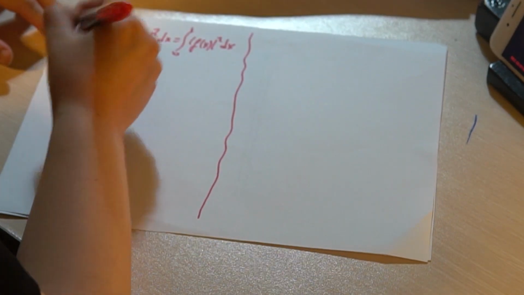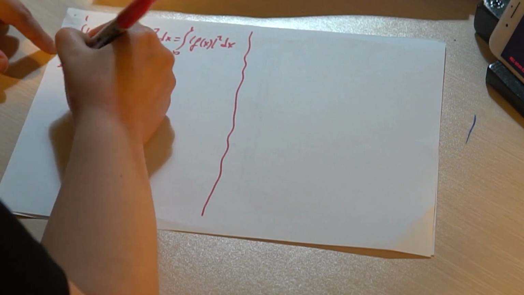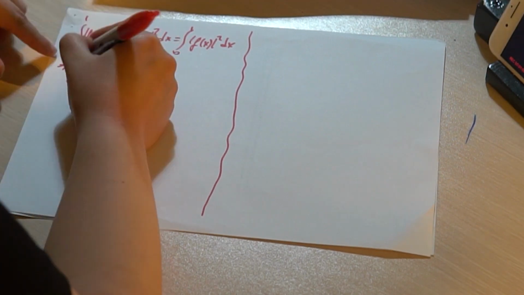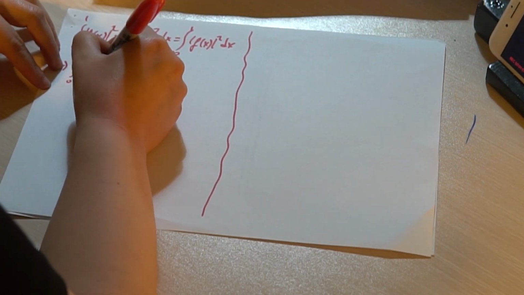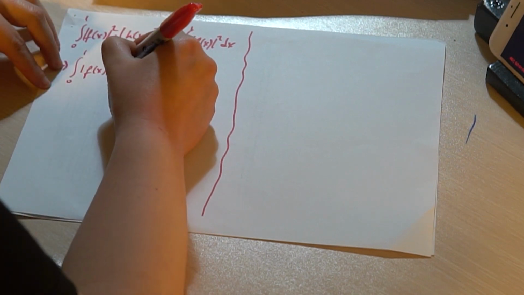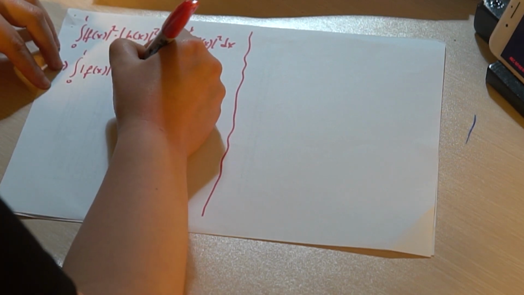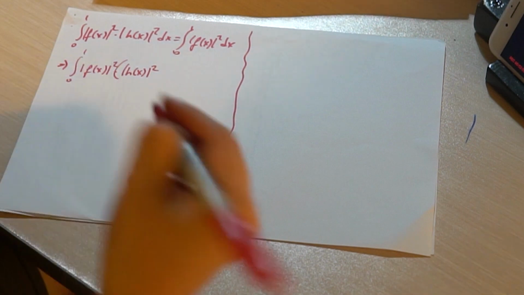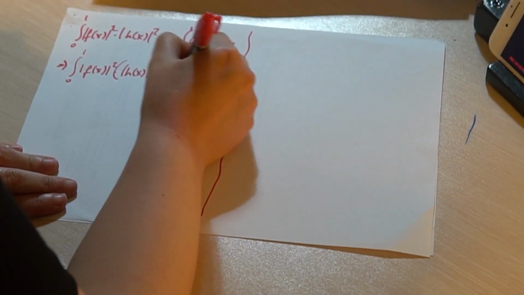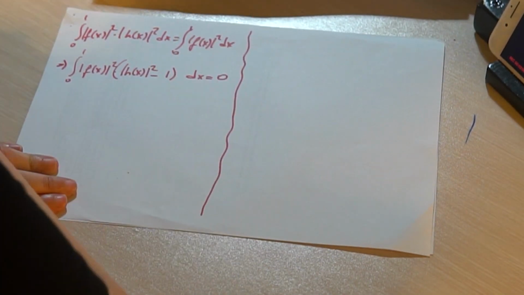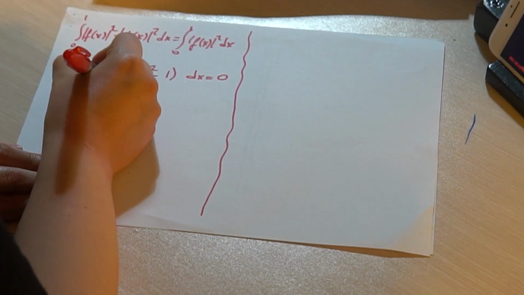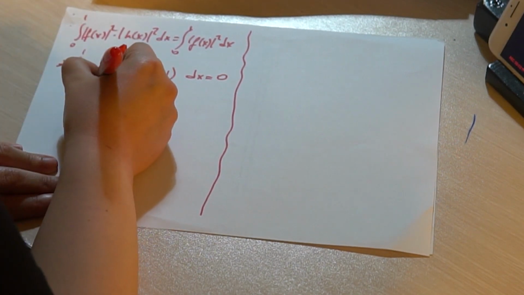So from here we can take this one to this side. We will have integral from 0 to 1 of f(x) squared times norm of h(x) squared minus 1 dx is equal to 0, right? Now, this is greater than or equal to 0, right?